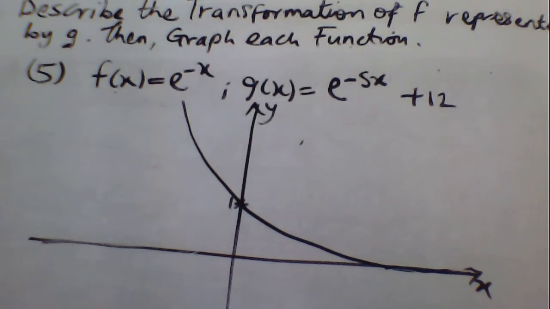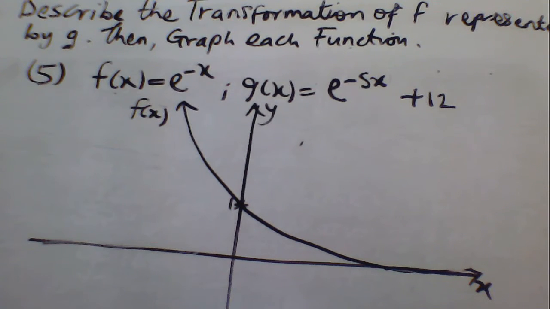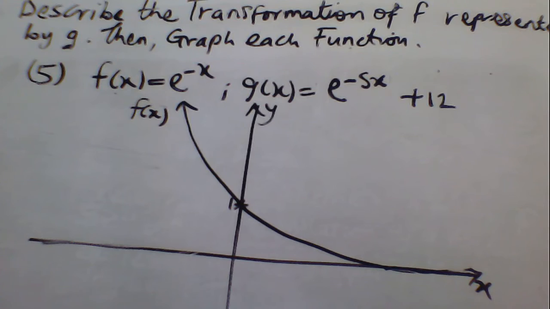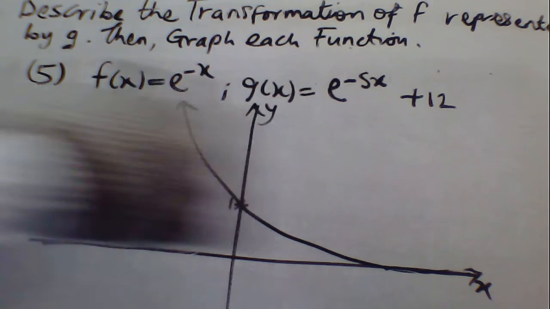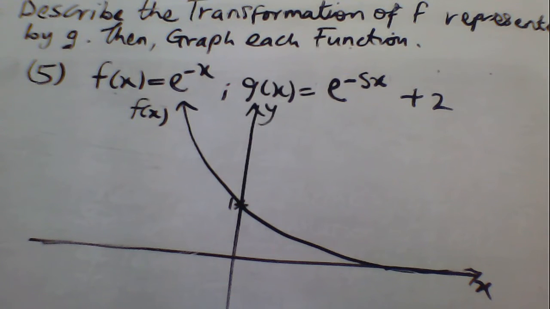Sorry. So this is the function f of x. This is the first thing. The parent is always easy to graph. So the next is to consider this function. Mind you, sorry, this is 2. So be aware of my description. Not 12. That's supposed to be 2.